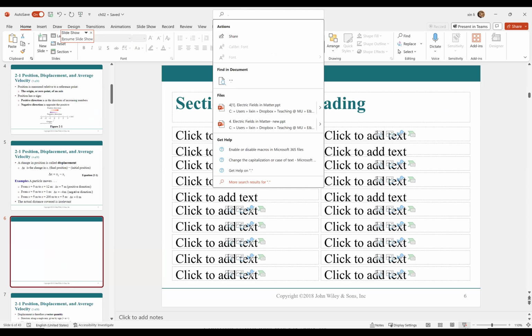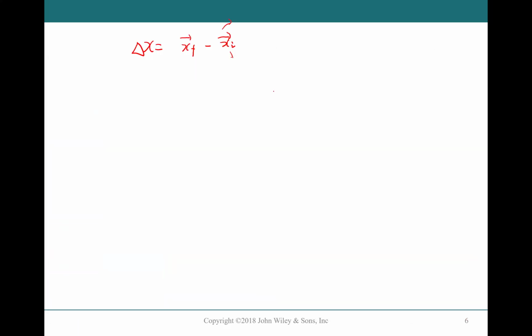So we know displacement delta x will be equal to x final minus x initial. I write an arrow on top because displacement is a vector. It means it has direction, so it has a positive or negative sign.